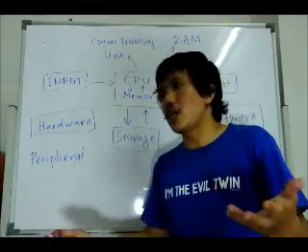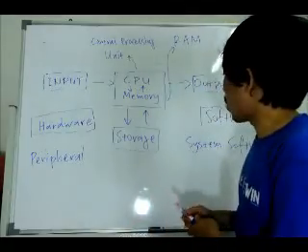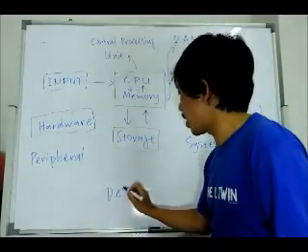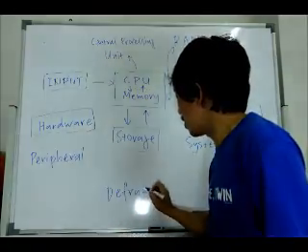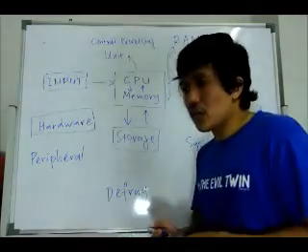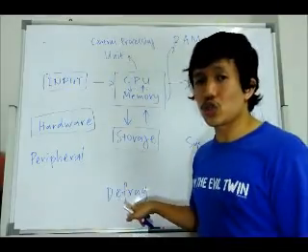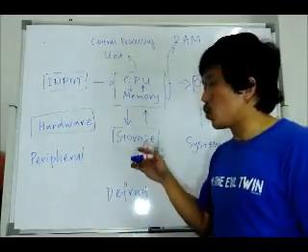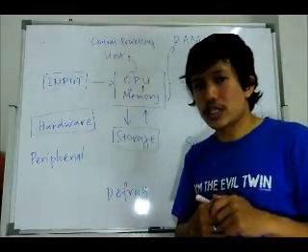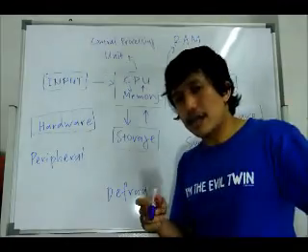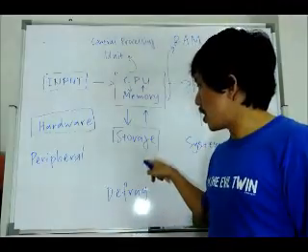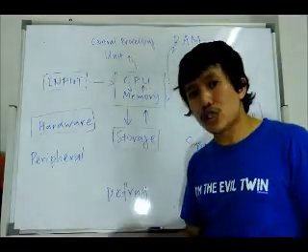For example, defragmentation, defrag for short. I'll just write it in short. Defrag. Defragmentation is a process where you run the defragmentation software in order for you to restructure your storage. But we'll get to that in a later chapter. The process is you're doing housekeeping in your computer.